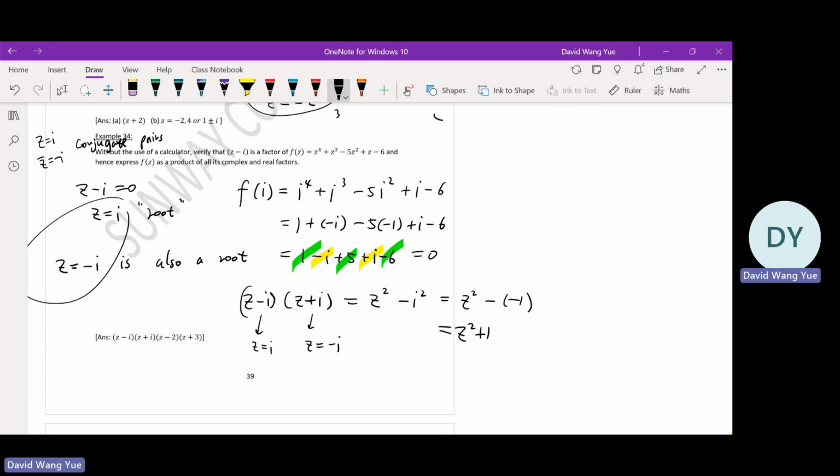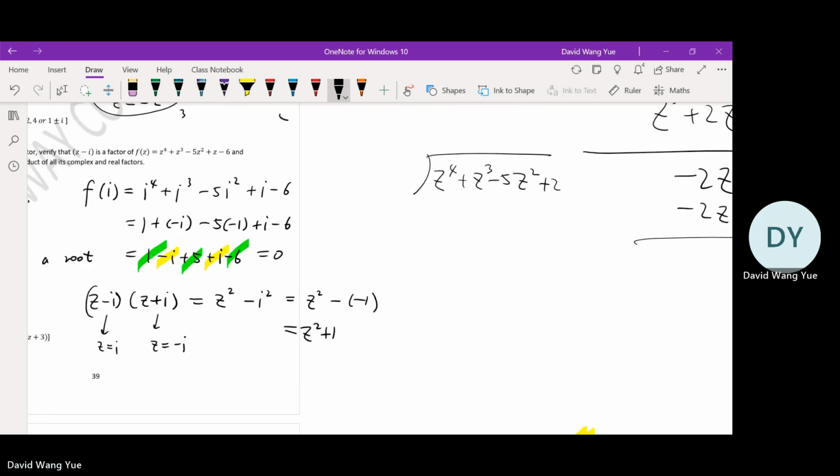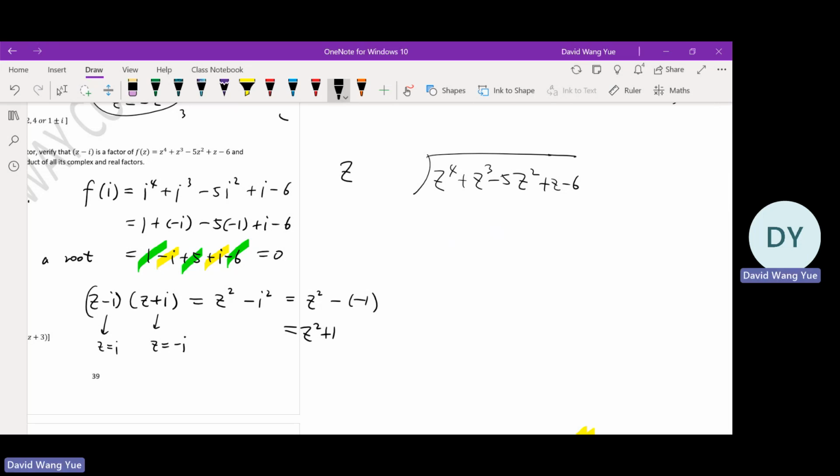So now if I do the division, I can get the quadratic factor.